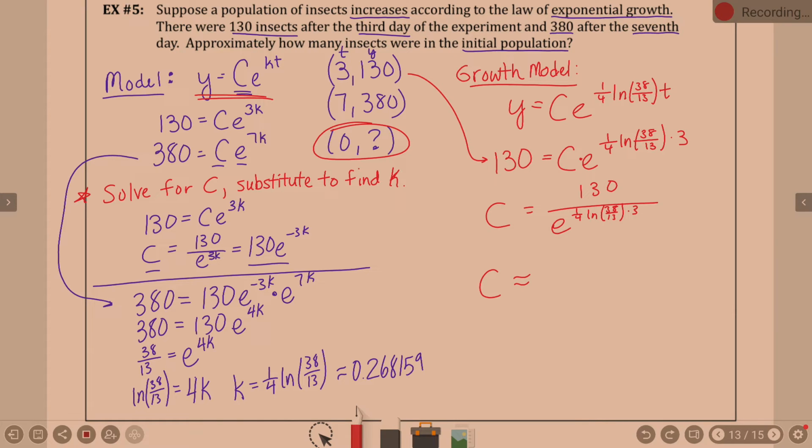Can you just plug in the k value into the C that you found? Because that's like the same thing. It's the same. So plugging the k value into here gives you the same answer?